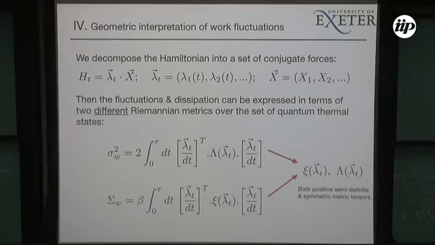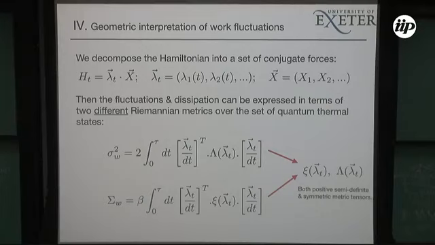Right, so the final part of the talk, I'm going to talk about geometry and how this relates to this thermodynamic geometry. So what we can do is we can decompose our Hamiltonian into a set of parameters like this. And what you find is the fluctuations and dissipation are actually related to different metrics over the space of thermal states.